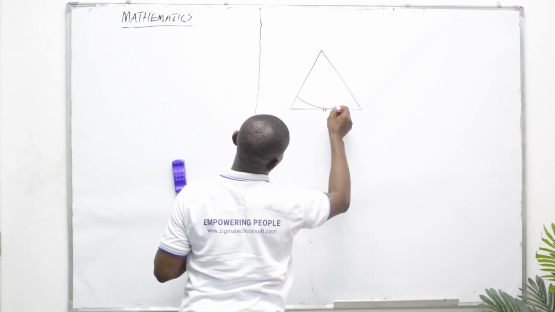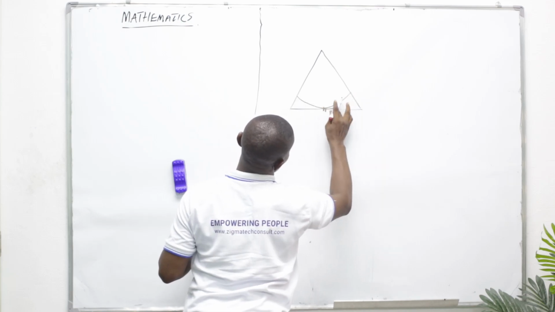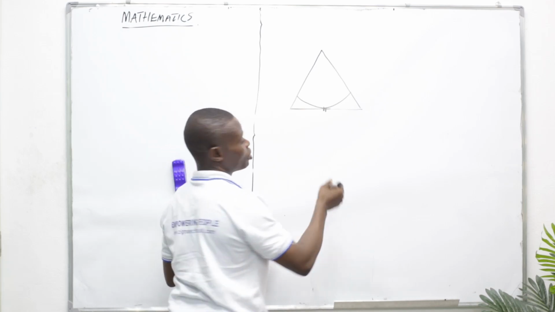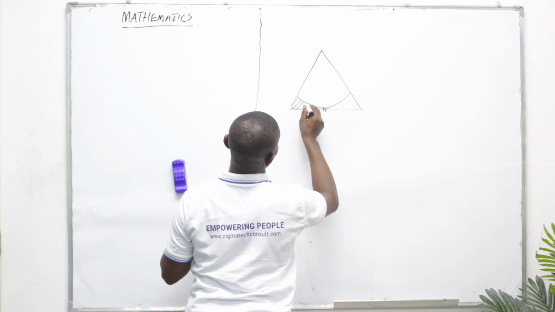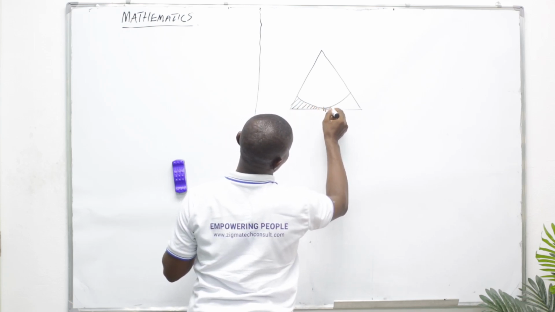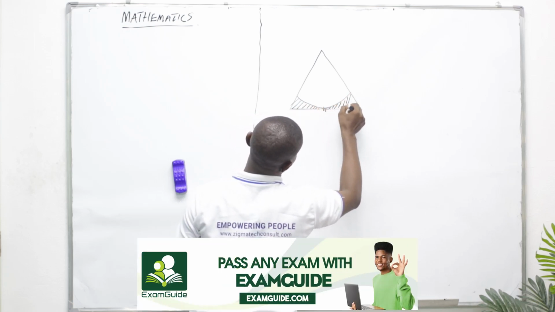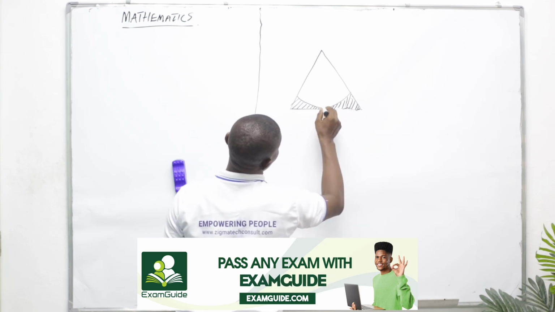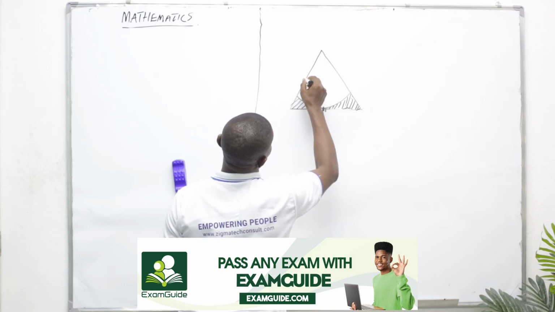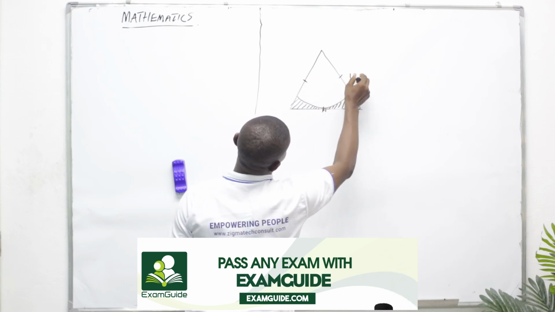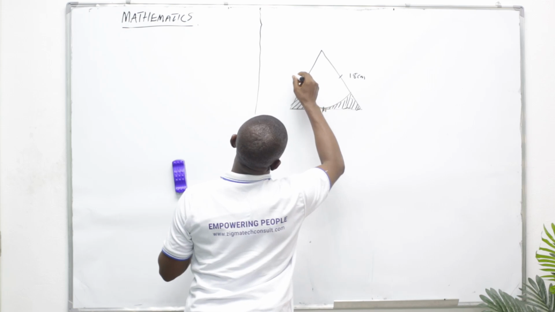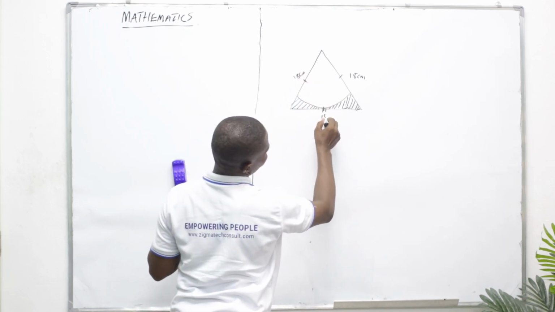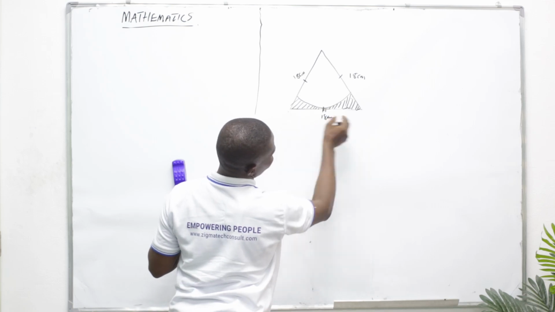Despite that, we have something of this nature, and part of it was shaded, which prompted the area of the shaded region. Here is equilateral, meaning 18 cm. Here is also 18 cm.